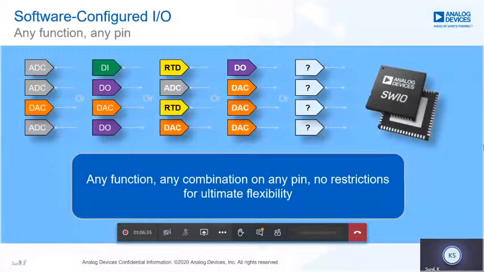Now, Anup will talk in detail about this, but at a very fundamental level, if you look at the number of channels in a typical PLC system, you would have inputs coming in, which could be analog. You could have outputs going out, which are analog. You could have digital inputs or digital outputs. So we are talking about a system where inputs can be configured through software and outputs can be configured through software.